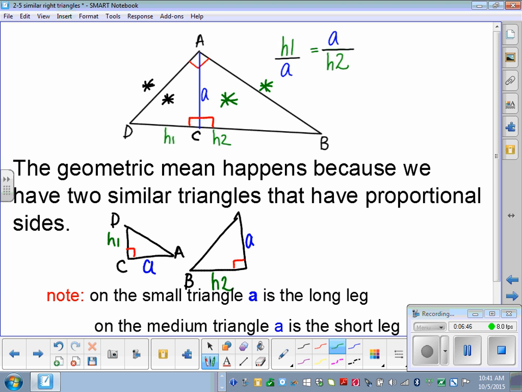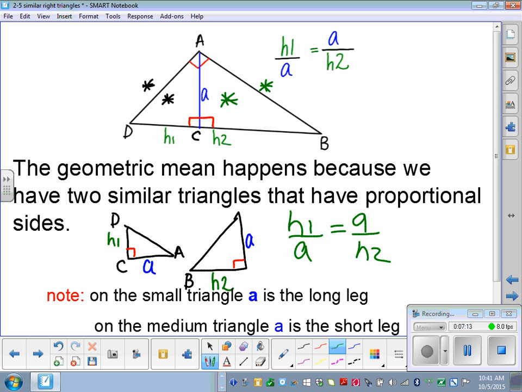And then on our medium triangle, we know that A is our short side and H2 is our long side. All right. So with that, we know that we can set up ratios of corresponding sides. So we would do H1 over A is equal to A over H2. So that's why that happens.